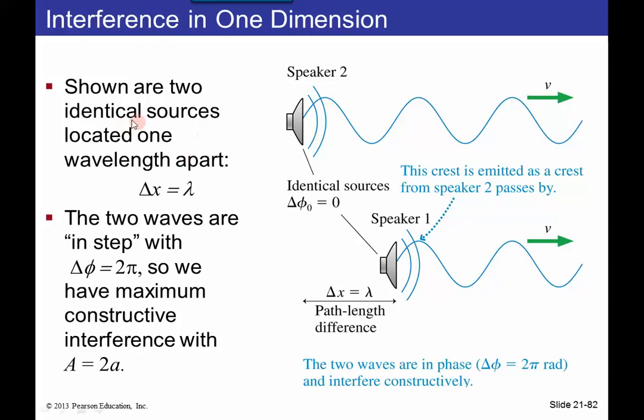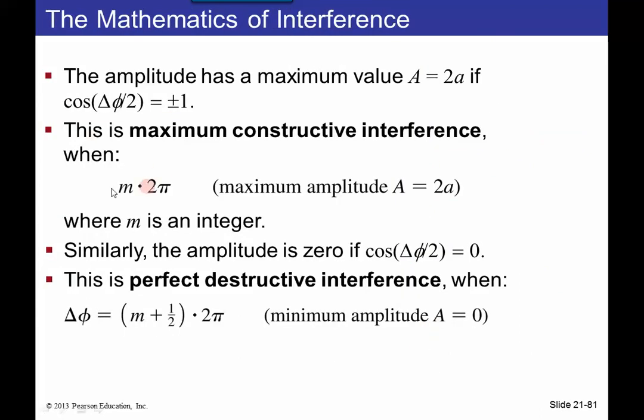So what do these conditions mean? Imagine that the two speakers start with the same initial phase, exactly the same way when you turn them on. If this delta x is lambda, then you see these maximums are in phase, and that is this condition here.